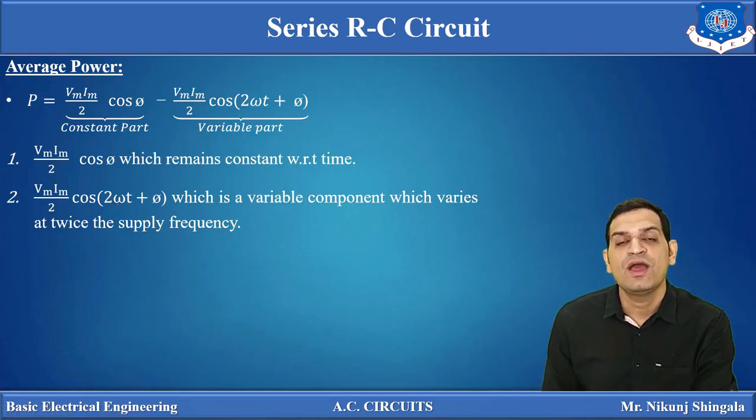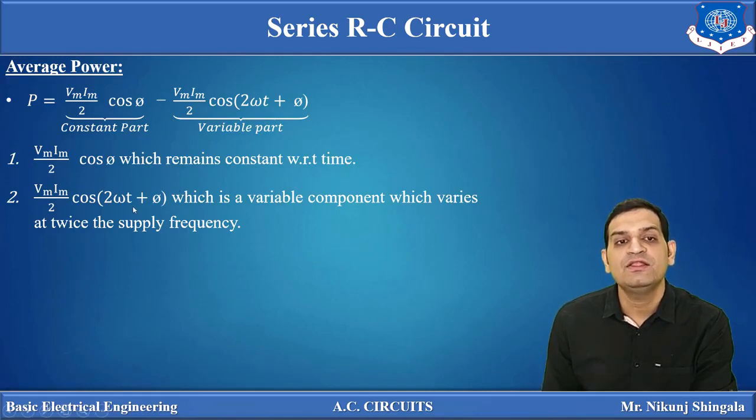Now we know the average of cos omega t is 0. In the same way, the average of cos 2 omega t will also be 0, because it consists of double frequency, but the number of positive and negative cycles will be equal. So the average of cos 2 omega t becomes 0, and phi is a phase shift which has nothing to do with the average.